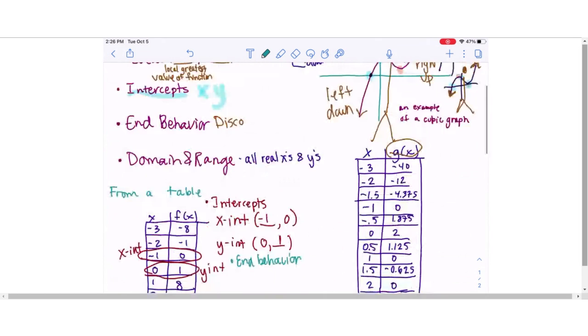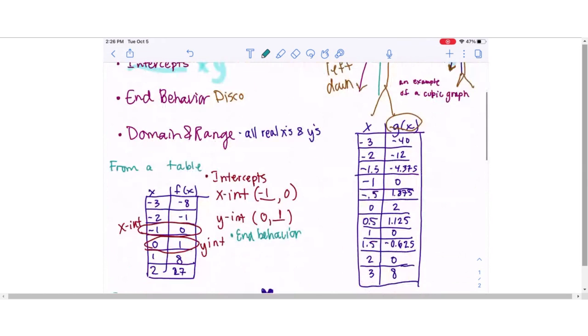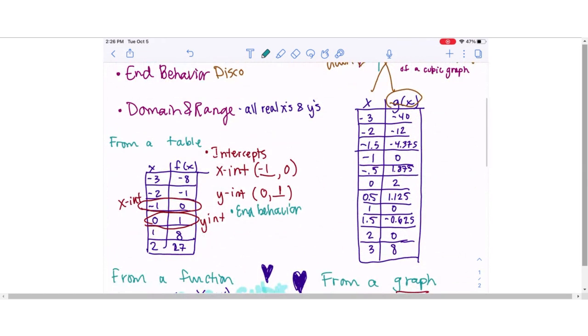So when we're talking about left and down, technically the left is the negative x's. And so here are our negative x's. This is the left side. What's happening with these numbers? Well, let's see. They're going -1, -8.